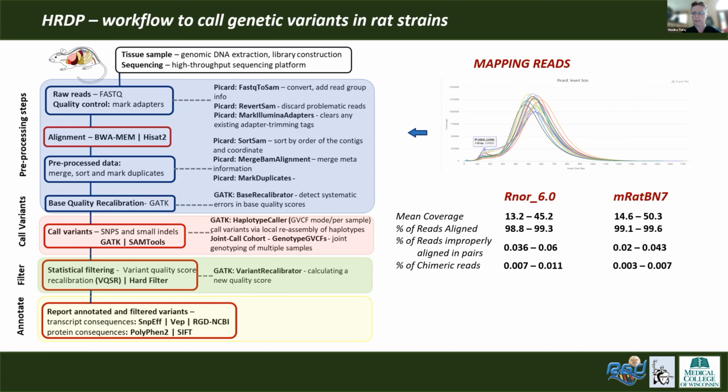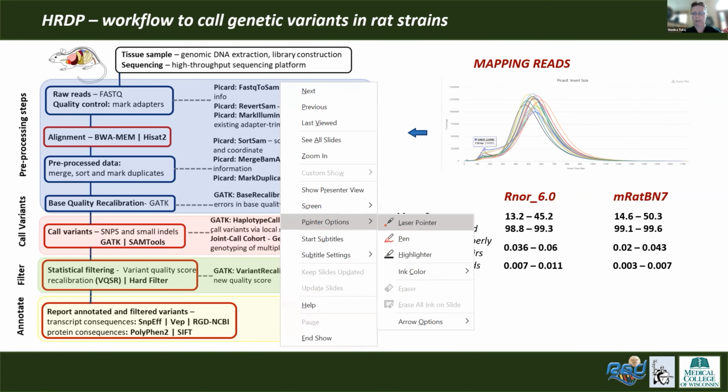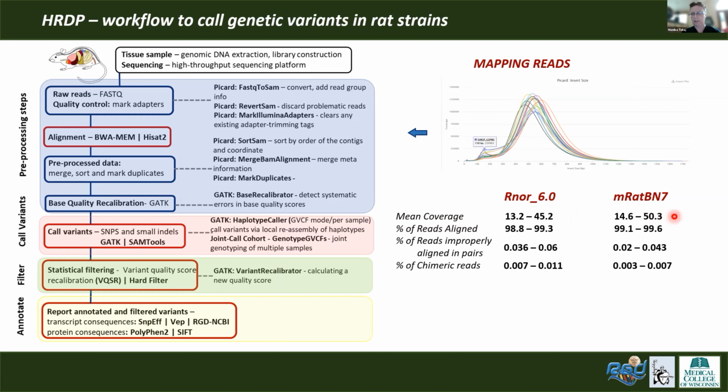We can see that there is a nice improvement in coverage with the new reference. Still, there are some improperly aligned read pairs and chimeric reads, but nothing really serious or important.